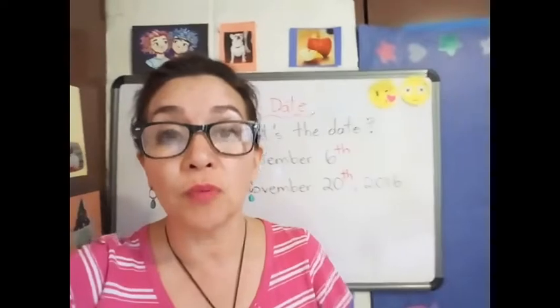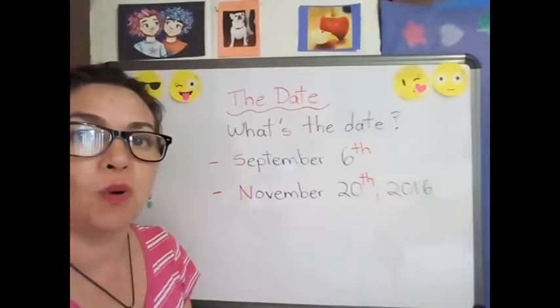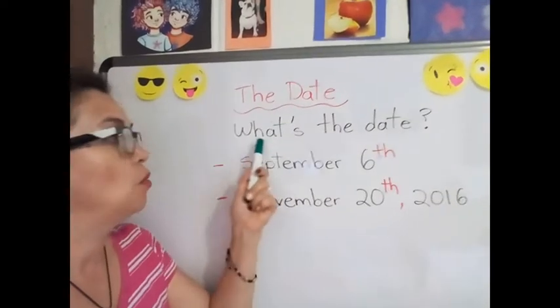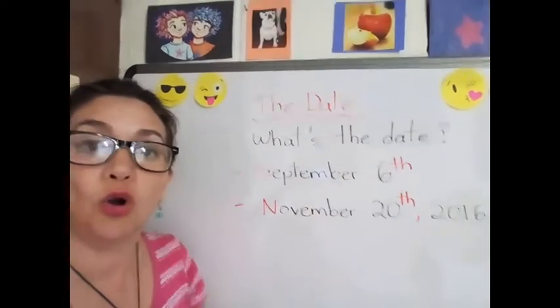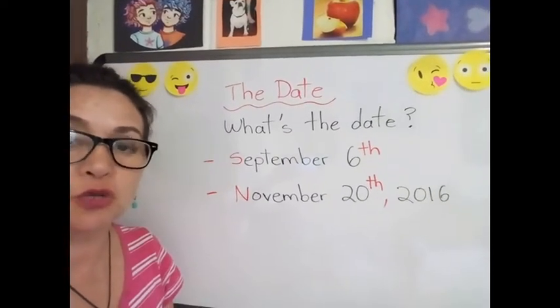Well, let's continue. And now let's see how is the most common way of asking the date in English. The most common question is like this. What's the date? Or what's the date today? And the answers could be like this.